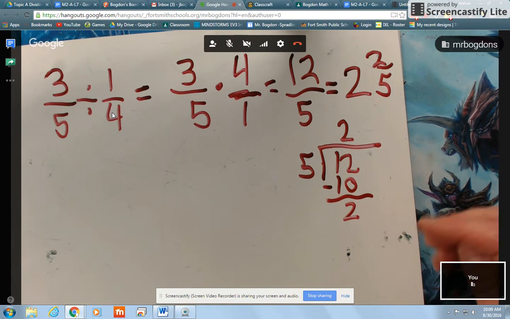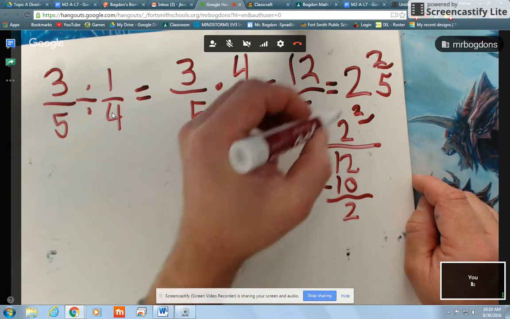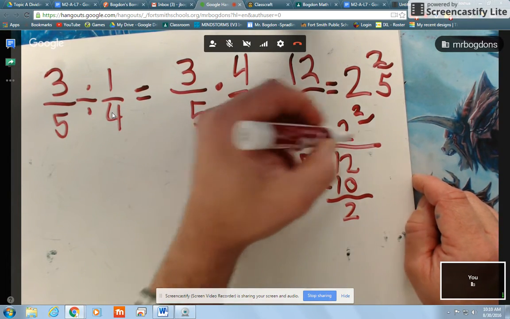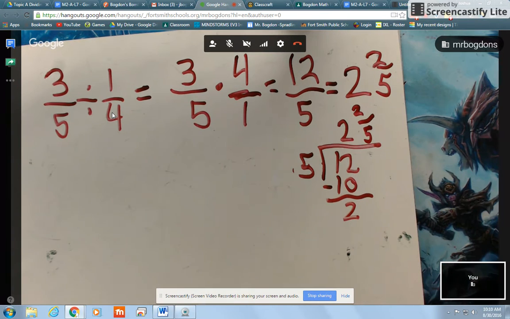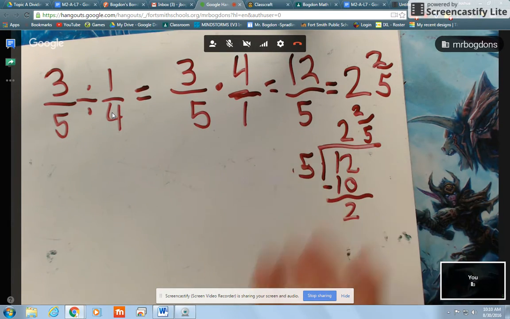Does it go in the numerator or the denominator? Numerator. And the denominator is the divisor, 5. Okay, so if the models confuse me, what I need to do is go ahead and do the math first, and then if we make our model, we can support our answer that way.